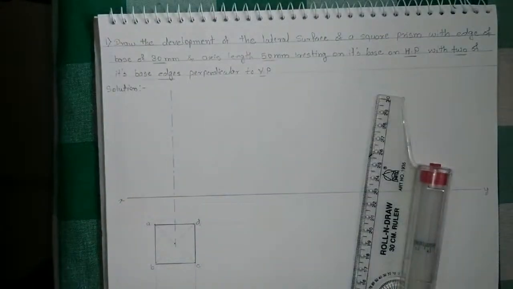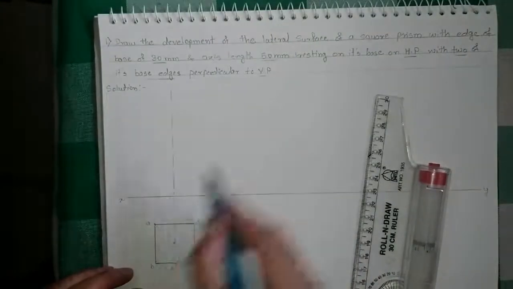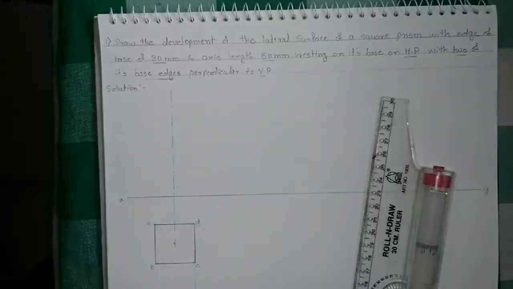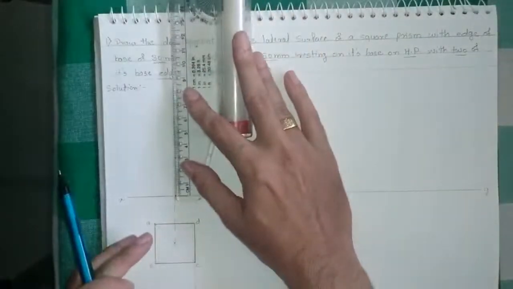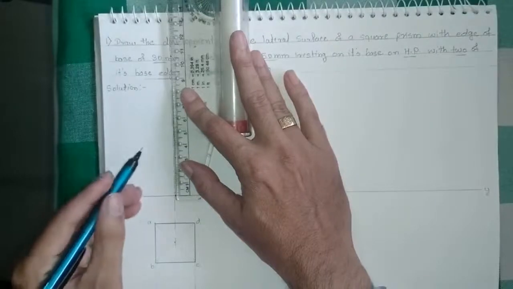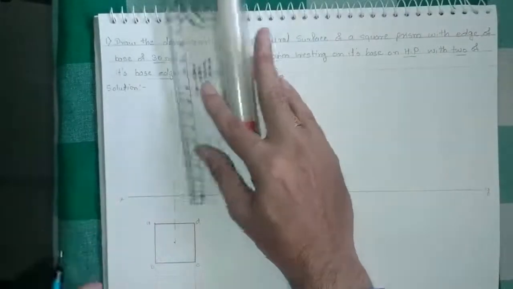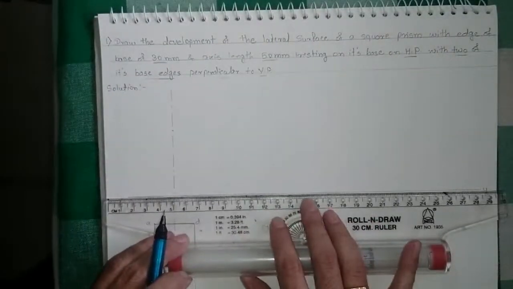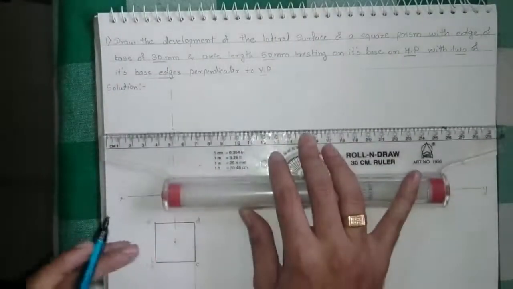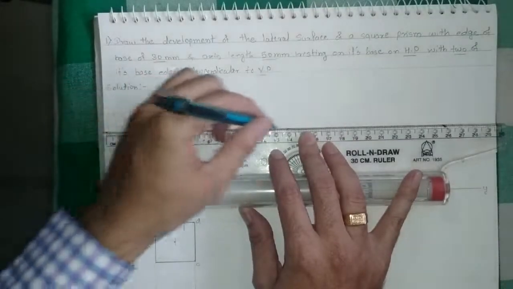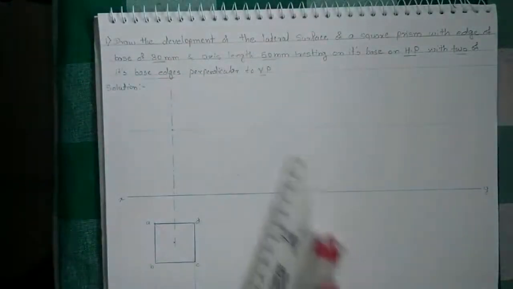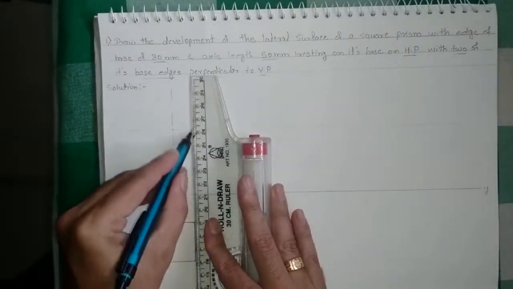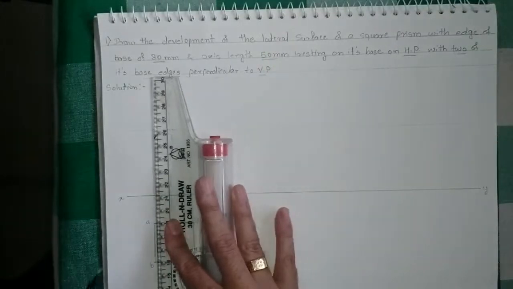Now the axis length is 50 mm, and it is resting on HP, so from the XY line we measure a distance of 50 mm and mark it here. Then from that 50 mm point we draw one horizontal line. Now we take projections for the square prism.